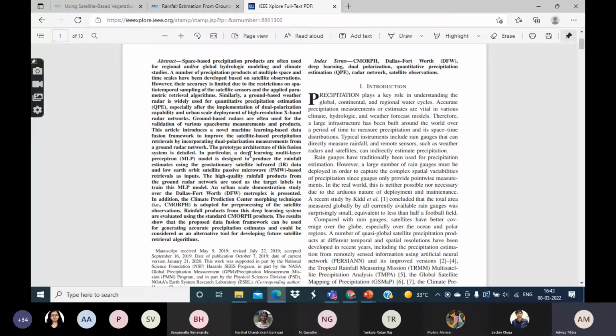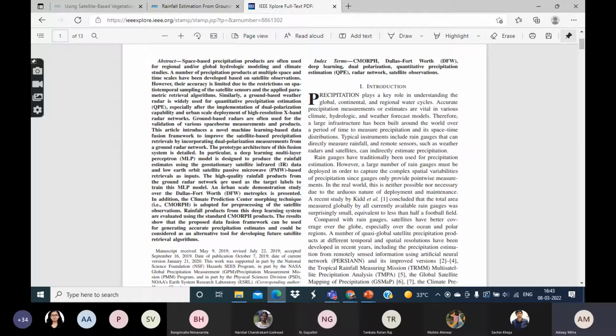So this time also they are following the same approach as the previous one. These are the inputs to the multi-layer perceptron, that is the satellite imagery. The high quality rainfall products from the ground radar are used as target labels to train this MLP model.